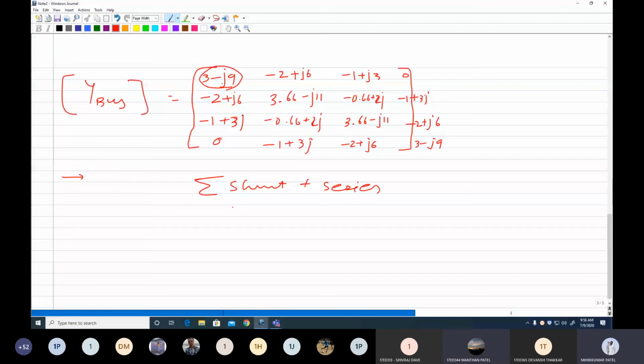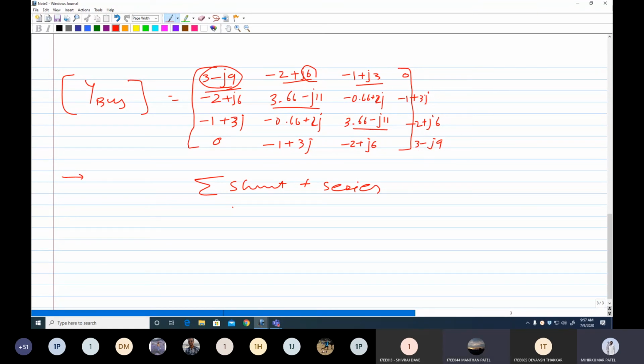See, Y11 is the summation of Y12 plus Y13, minus 2 minus 1, so it is plus 3, and 3 plus 9, it is 6. So Y11 is equal to 3 minus 9j. Similarly, you can verify for Y22, Y33 and Y44.